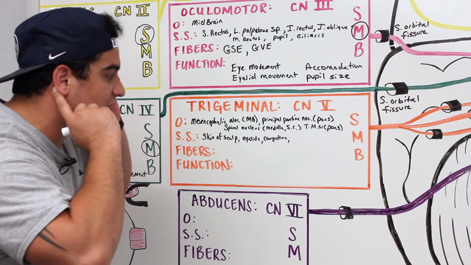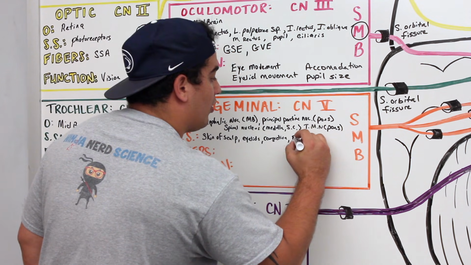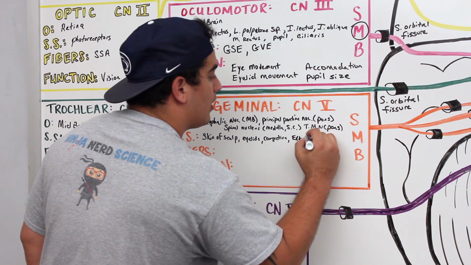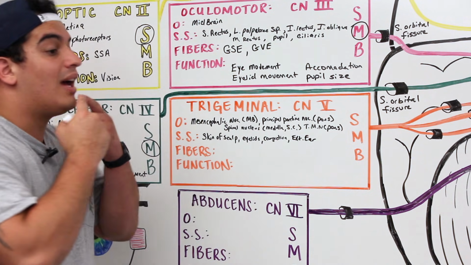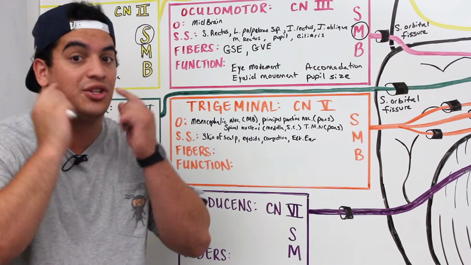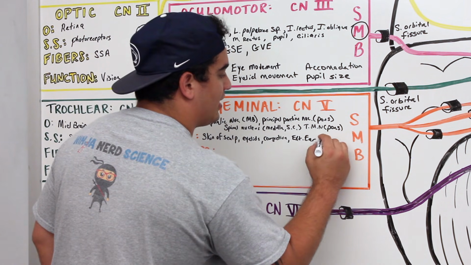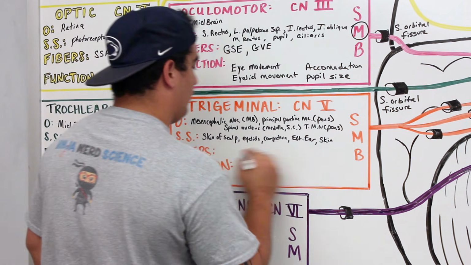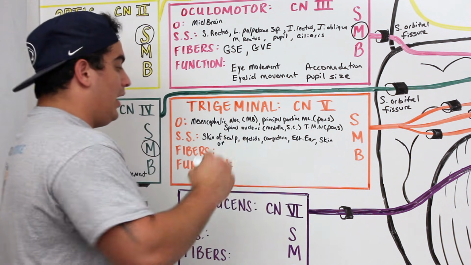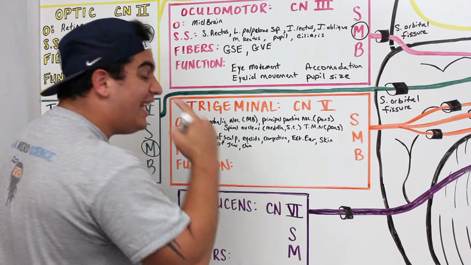It can supply the skin around the ears, so it can even supply the external ear. It can even supply the skin around the chin, the skin around the cheek, skin around the jaw. Oh my goodness, it can supply so much. It can supply the skin of the jaw, the chin, even the nose.